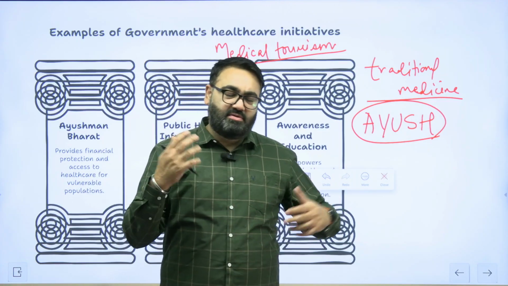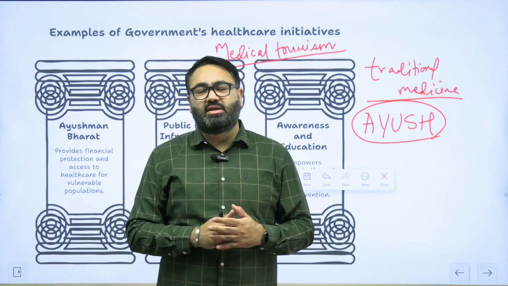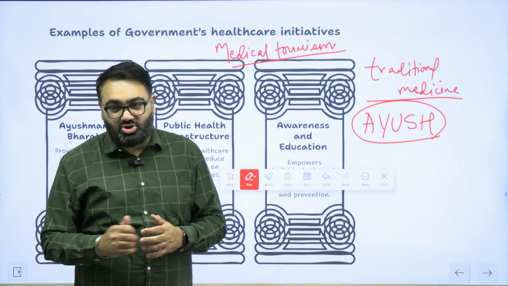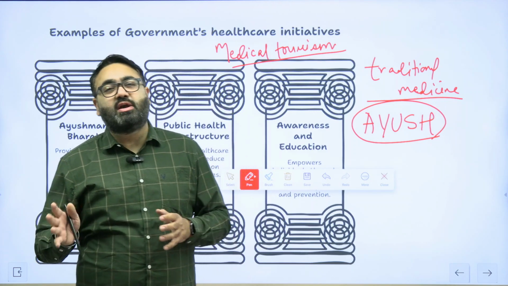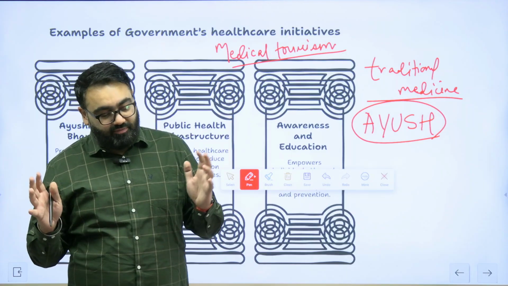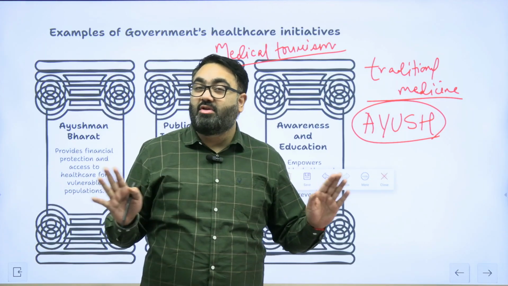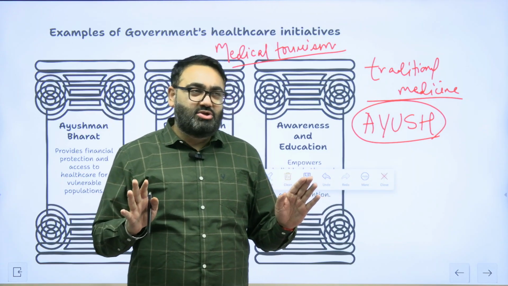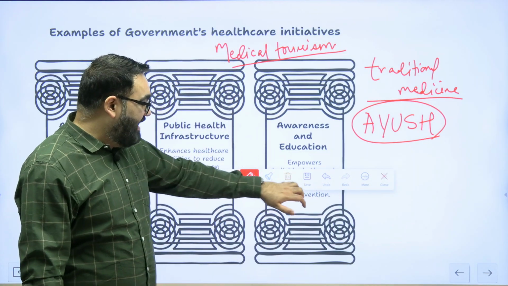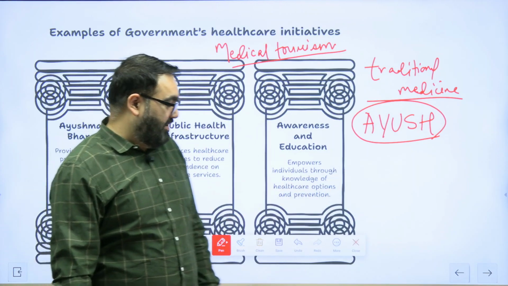Countries near to India, Asian countries, a lot of people come in from Africa also to get good quality, affordable healthcare in India. But they are coming for the private sector, not the public sector. So the private sector has improved its offering considerably.